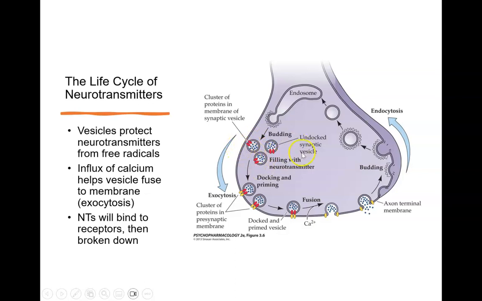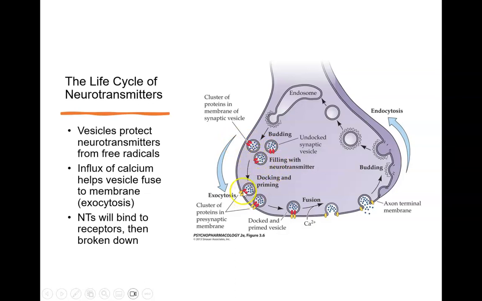And this is going to be really important because neurotransmitters, if they are not stored in these vesicles, can be destroyed due to free radicals and enzymes that are circulating inside of the neurons. So vesicles provide protection from neurons. Basically, what's going to happen is that you have an endosome that's basically going to bud off and form a vesicle that can be filled and packaged with neurotransmitters.